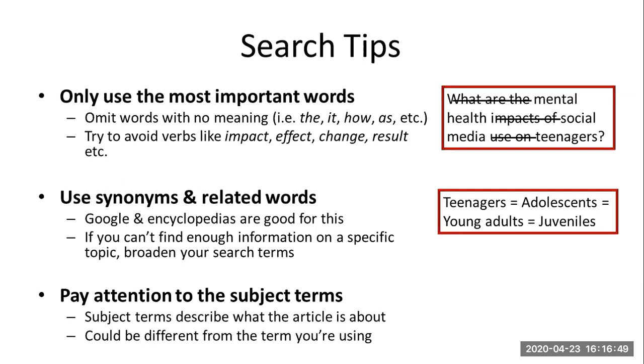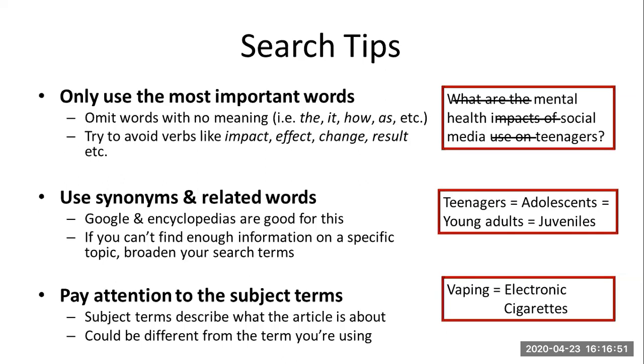So an example of that would be vaping and electronic cigarettes. So vaping is the common term that we use. We hear it in the news all the time, and just everywhere in general, vaping shops and vaping devices and all of those contexts.